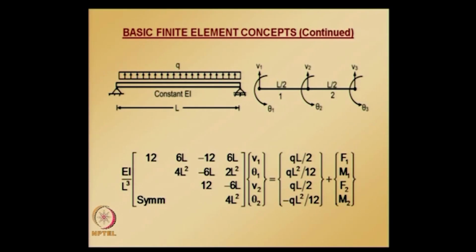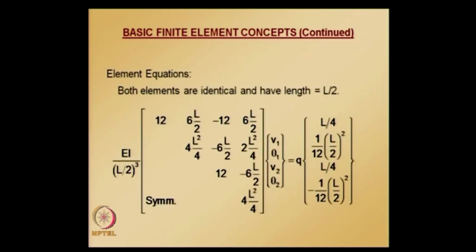The length of each element is 0.5 L, so in the element equations, L needs to be replaced with 0.5 L. By doing that we get the element equations for element 1 with L equal to 0.5 L substituted.